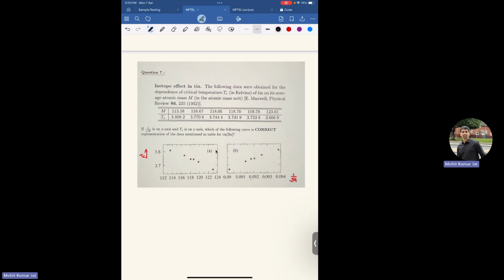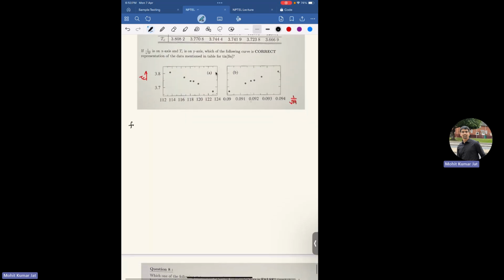From the isotope effect, we know Tc goes as 1 by root m. This implies Tc is equal to some constant, slope, times 1 by root m.